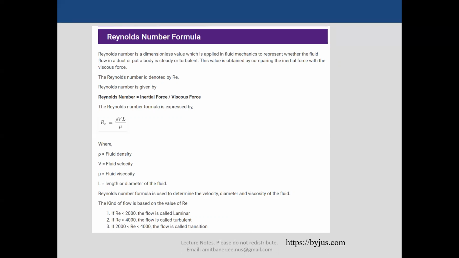So the Reynolds number is denoted by Re and is given by the ratio of the inertial force to the viscous force, and is used to determine the velocity, diameter, and viscosity of the fluid. So in general, if you have a number less than 2000, it's called laminar. More than 4000, it's called turbulent. Between these is basically a transition.